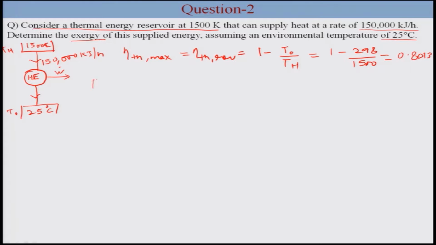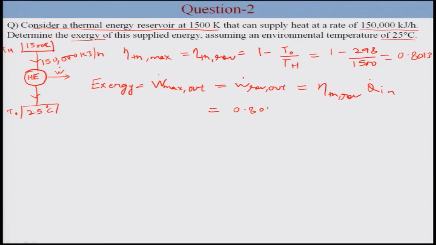So exergy is equal to maximum work out, or it is also equal to the reversible work which comes as output, and this can be written in terms of maximum efficiency multiplied by the heat which is given as input. So this is equal to 0.8013 multiplied by Q in, which is 150,000 kilojoule per hour.